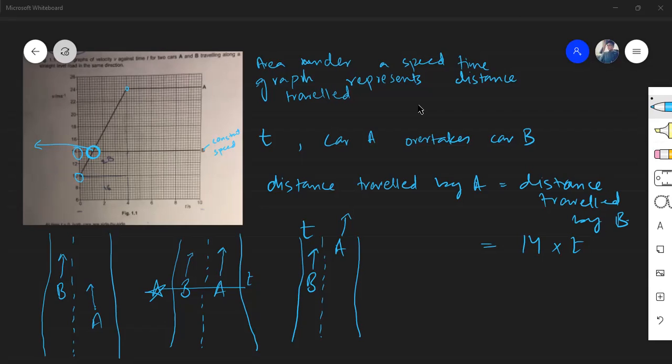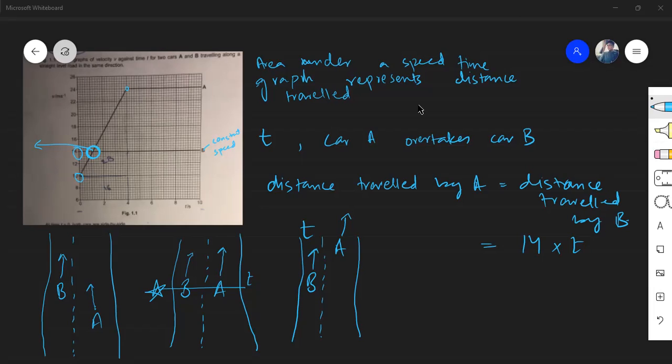All right, let me take a guess. If the time t that I'm looking for happens in this part of the course where A is accelerating, then the area under the graph is different.